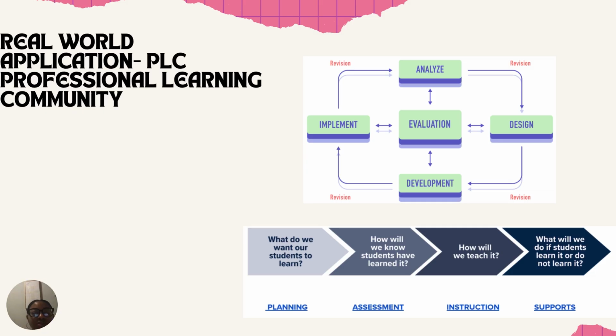After that, we go to the development phase, which is when we create our resources. What are our anchor charts going to look like? What are our notes going to look like? We do this as a team because it needs to be the same for each teacher. Even though we're three different teachers, we still need to be aligned in what we are providing to the students.